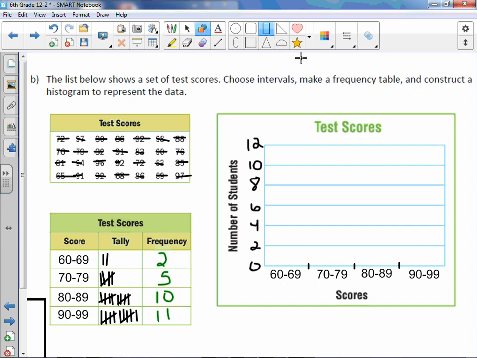And let's draw our bars. First one is at 2, again starting on the left. Making sure this one touches. This goes to 5. The next one is at 10.